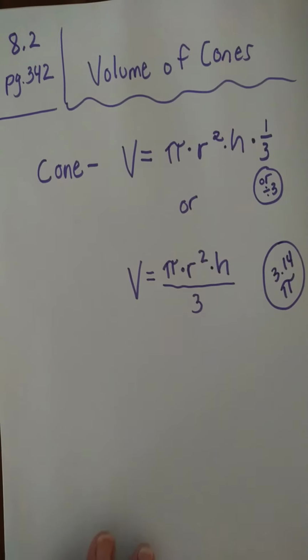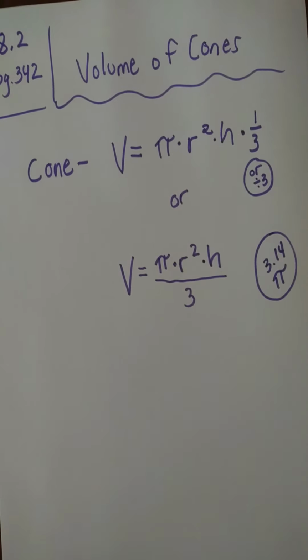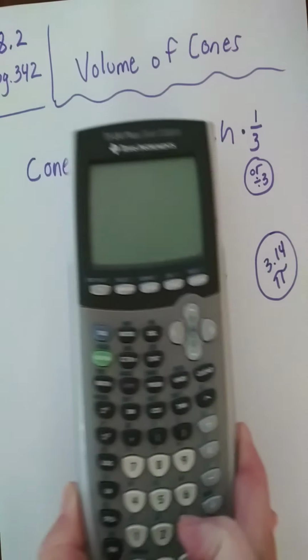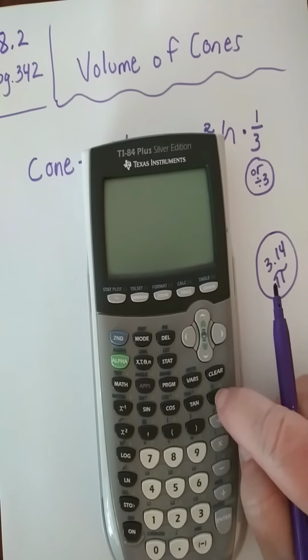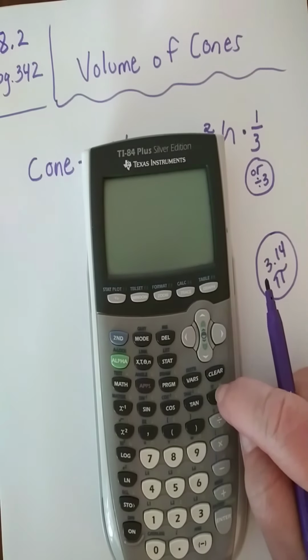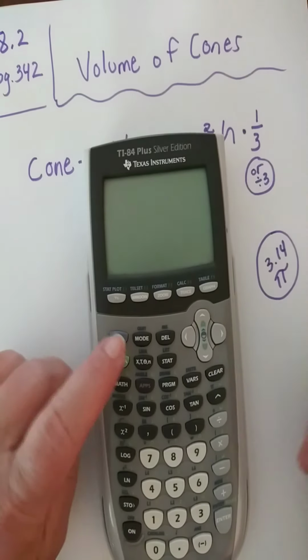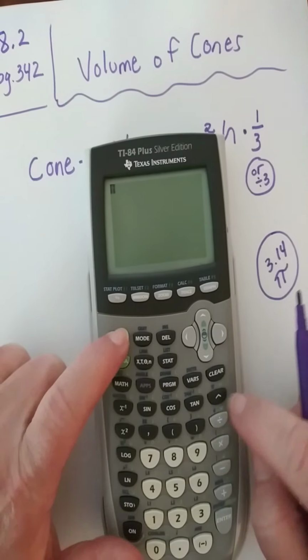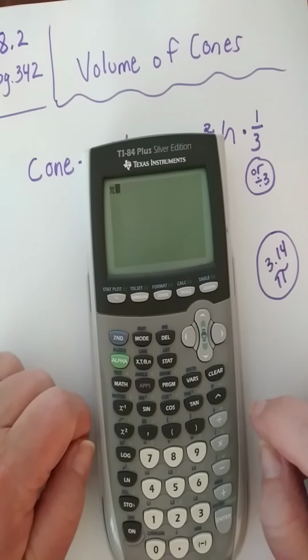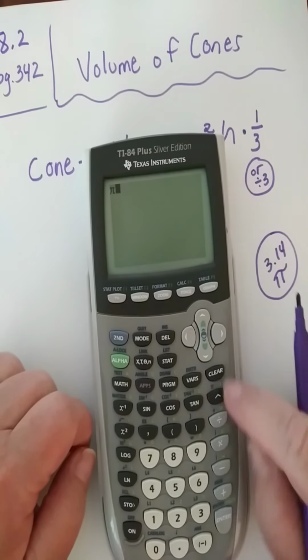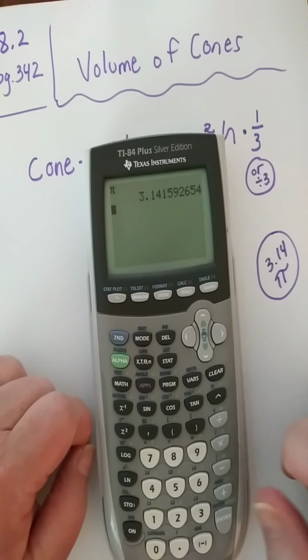Some people have a pi button on their calculator. Like I have one, it's up above the exponent button. You can very slightly see it there. It's the second function, that blue one. So when I hit second pi, I get a pi symbol, but see, it's 3.14.